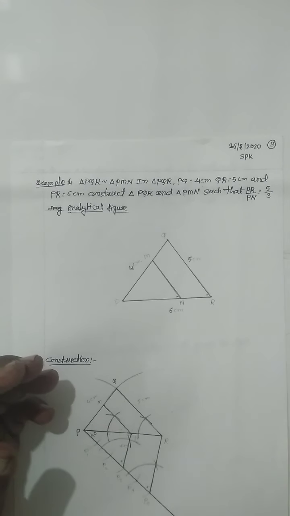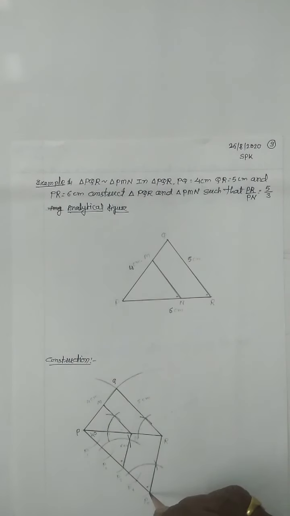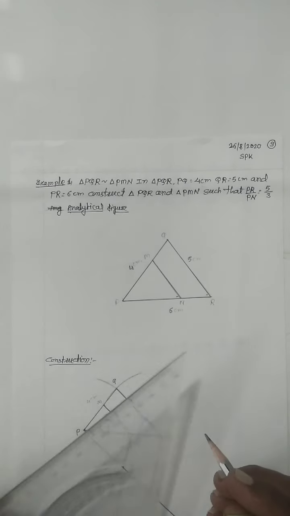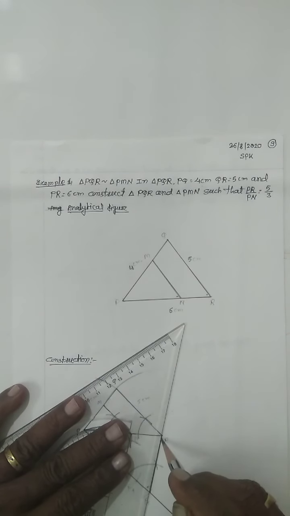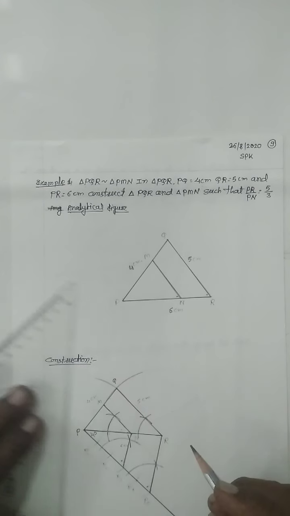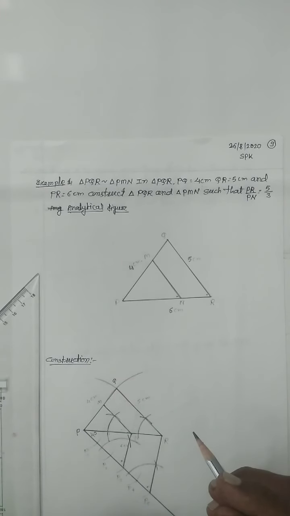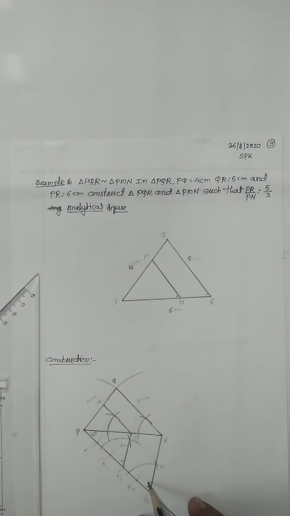Now this point P5 we join with this point R. Now we get here one angle, that angle is P5R. Now draw the same angle at the point P3.